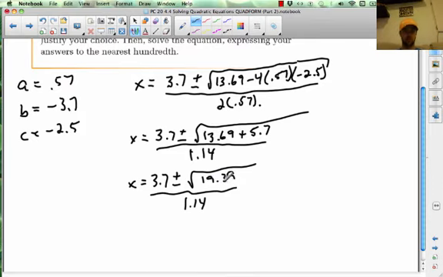The square of 4 is 16, and the square of 5 is 25. This is going to be somewhere in between those, probably closer to 4. Alright, so the square root of 19.39 is 4.4.